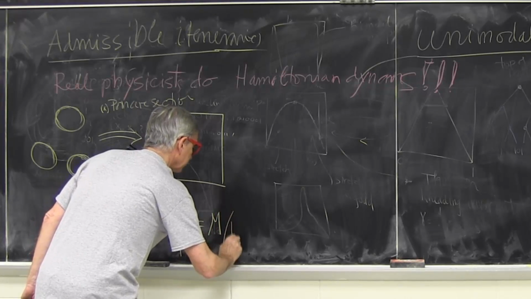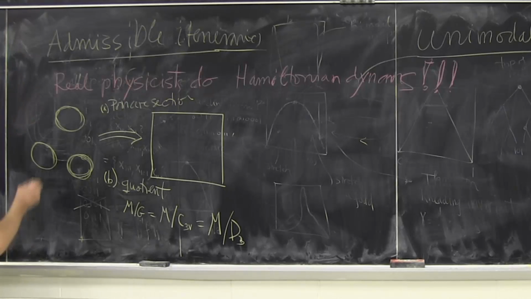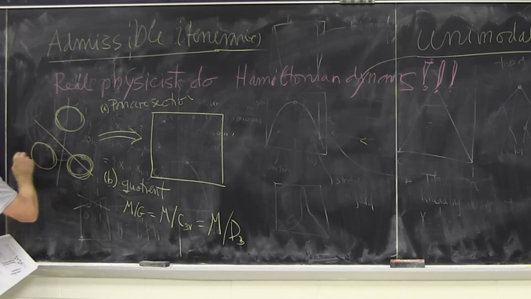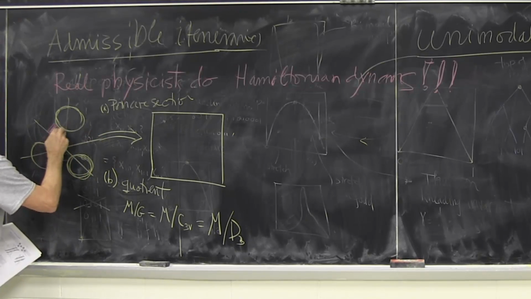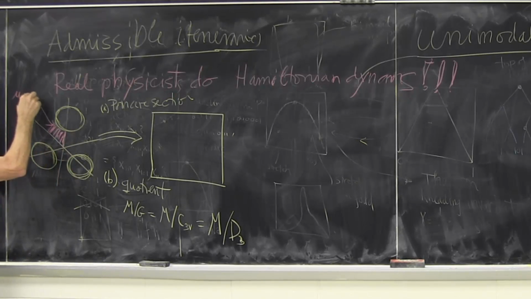And all that means is that I really should not look at this whole world the way it's done here. I should just look at what happens here with the mirrors. So this is the quotiented space, M divided by the symmetries of the thing.